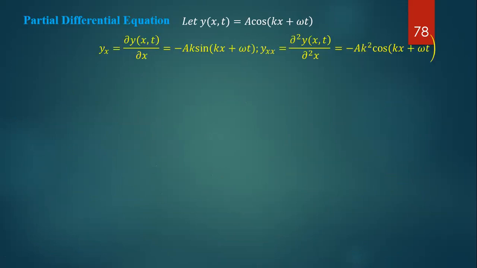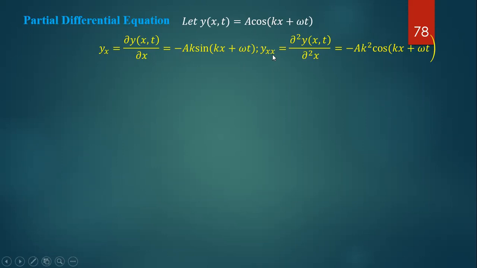Then the partial derivative of y with respect to x, because this variable is in terms of x and t: dy(x,t)/dx equals minus ak sin(kx + ωt), because for x, k is the constant.